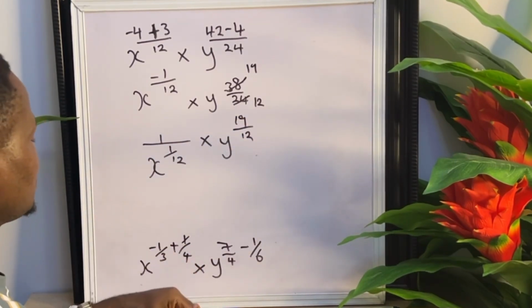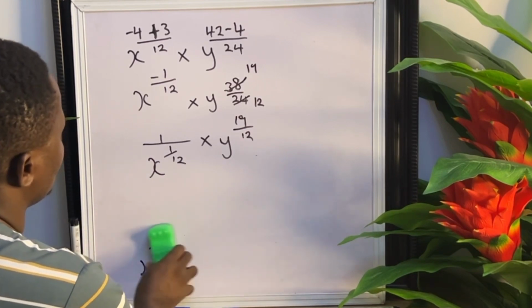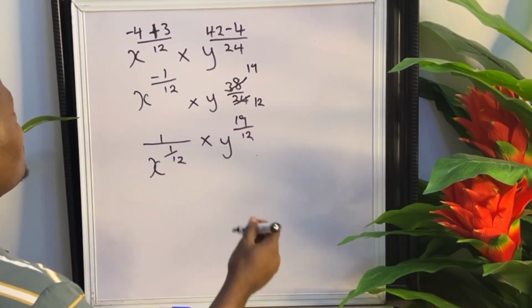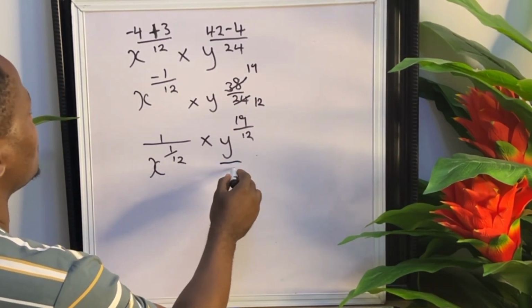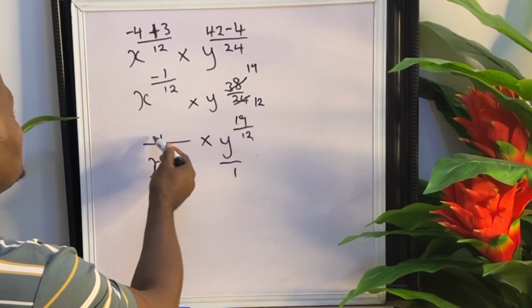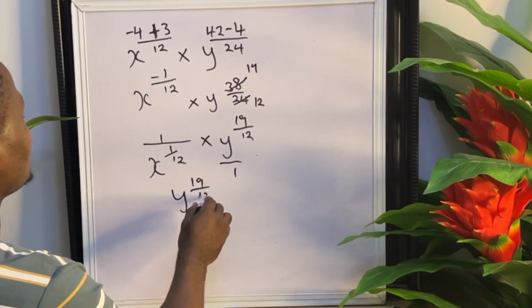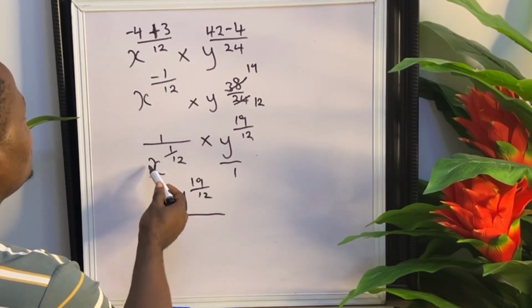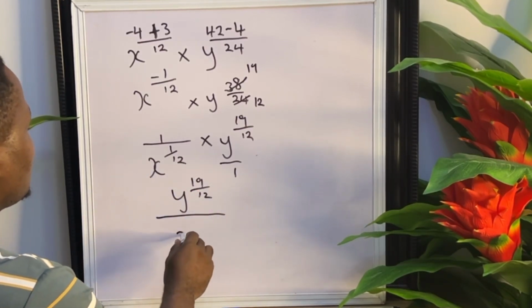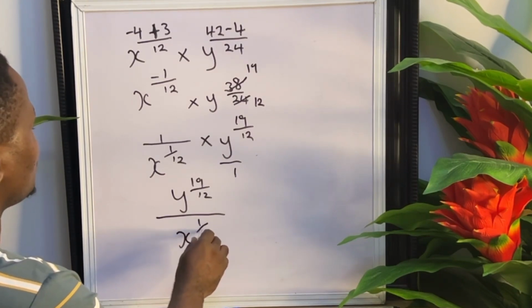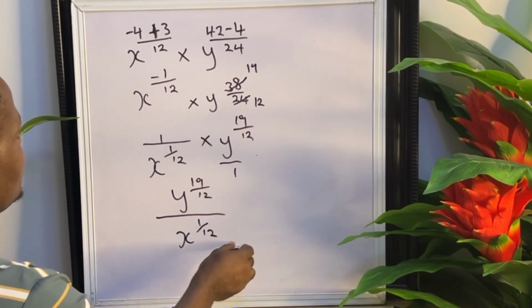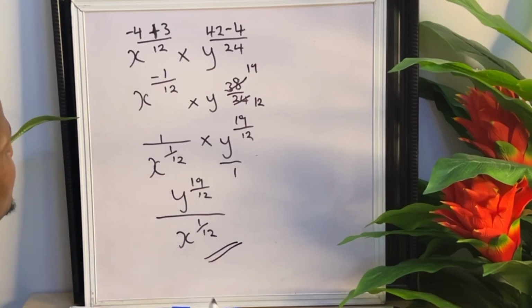At this point, under this y, there is 1. The numerator times the 1, and that is y raised to power 19 over 12 all over the denominator times this 1, and that is x raised to power 1 all over 12. Then, this is our final answer.